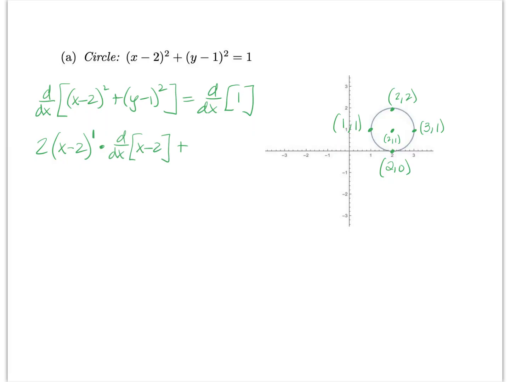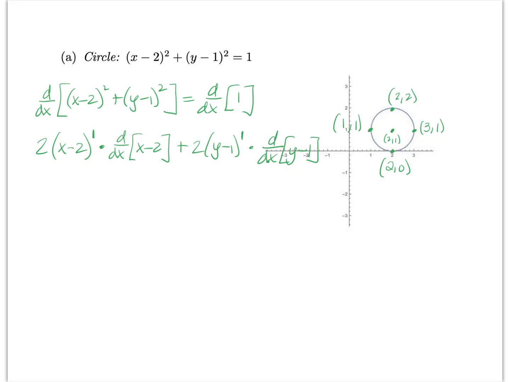Okay, and then I'm going to repeat on this next term. So this is some stuff squared. So I'm going to bring down the 2, copy this stuff, reduce the exponent by 1, then multiply by the derivative of the stuff.